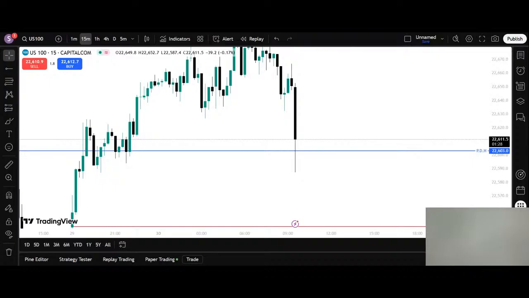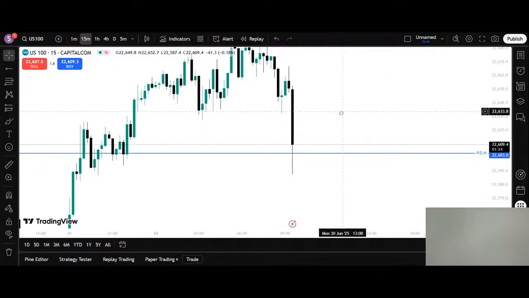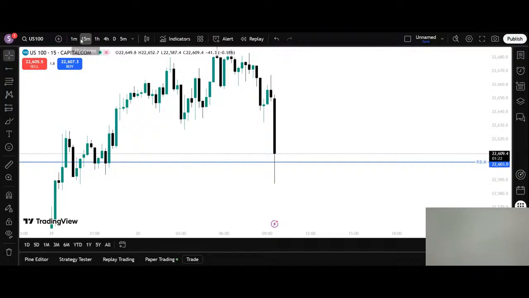We should look for a trade after 9:45. So let's see how the higher time frame candles end, and then look for a trade.